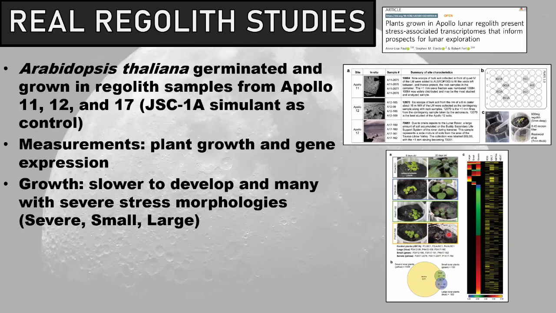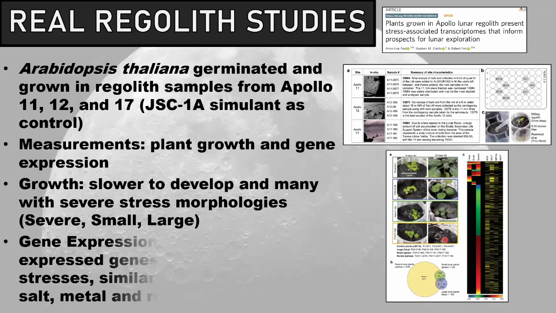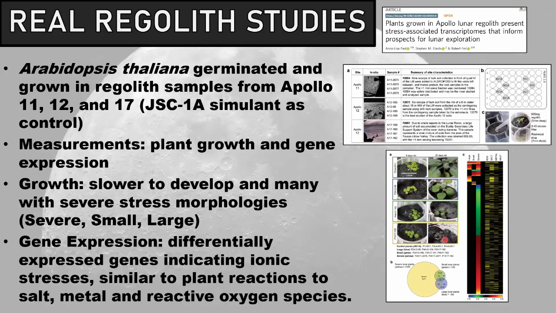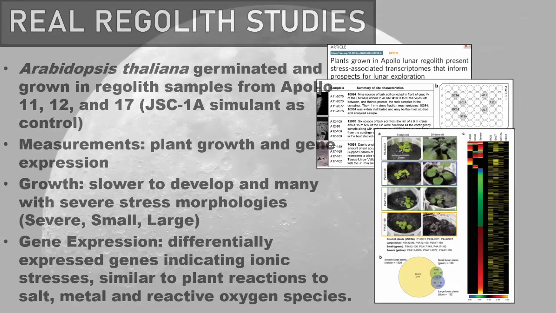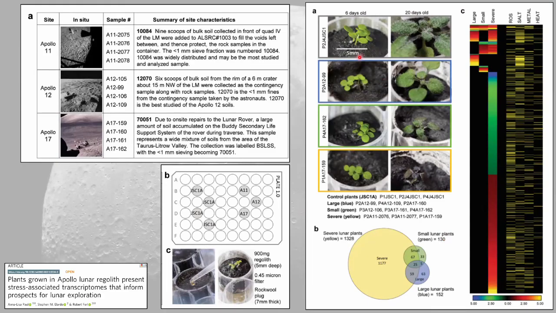And then there was the severe morphology, which were really shriveled and almost dead. And with gene expression, they found differentially expressed genes indicating stresses on those plants, especially with salt, metal, and reactive oxygen species. So here's a bigger picture. You can see the different types. You can see a bit of the site information for Apollo 11, 12, and 17 that you can go into more in this paper.